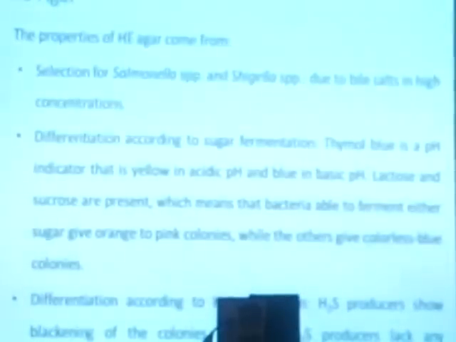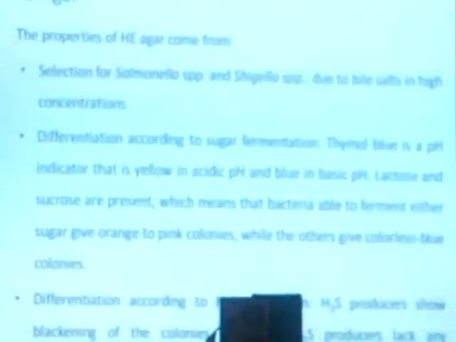Now, it differentiates bacteria according to sugar fermentation and H2S production. H2S production, the same principle as that of SS agar: H2S production, black discoloration; no H2S production, no black discoloration. Simple enough.